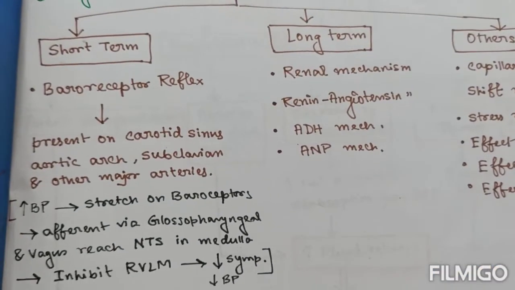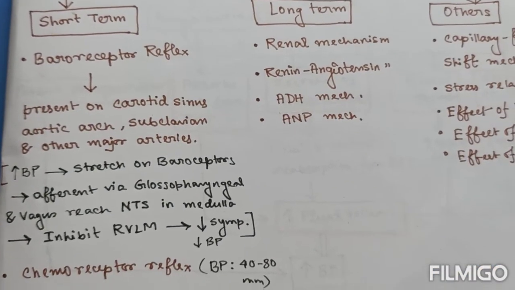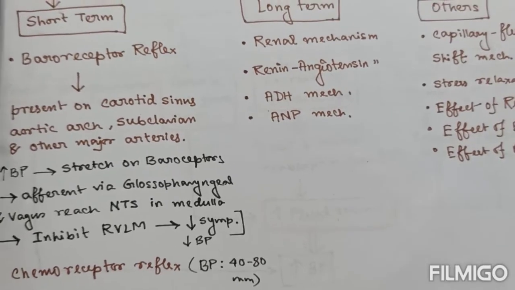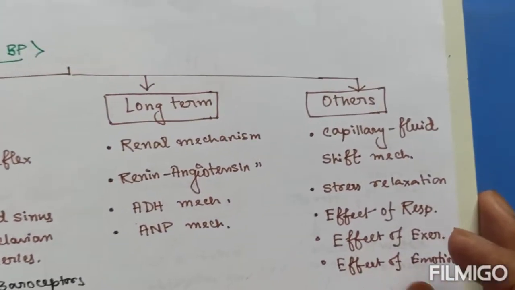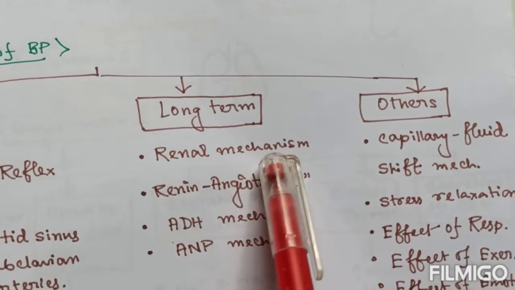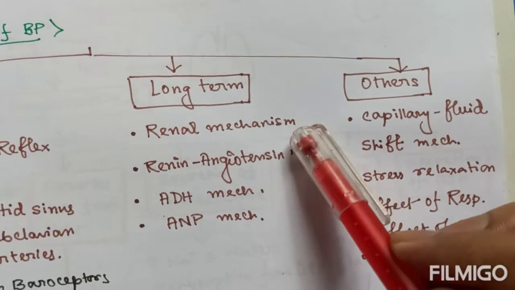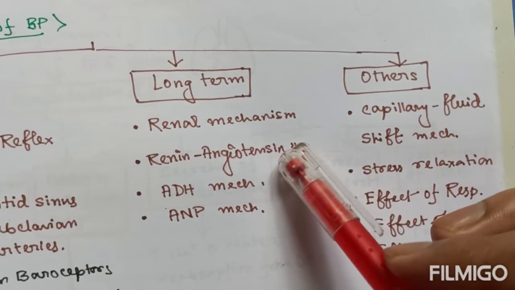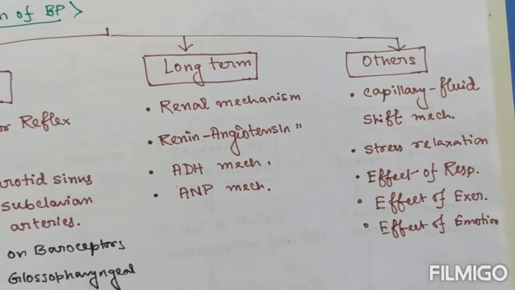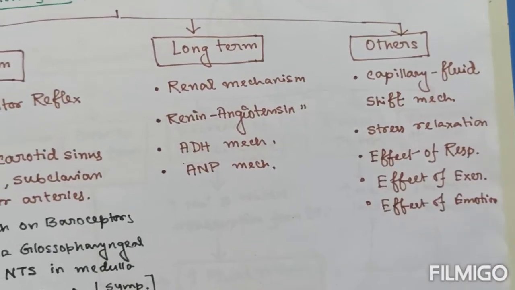So mainly the baroreceptor reflex is taken into action for normal fluctuation of blood pressure. And the long-term mechanisms are mainly important, that is the renal mechanism, renin-angiotensin-aldosterone mechanism, ADH mechanism, and ANP mechanism. We will discuss these one by one.